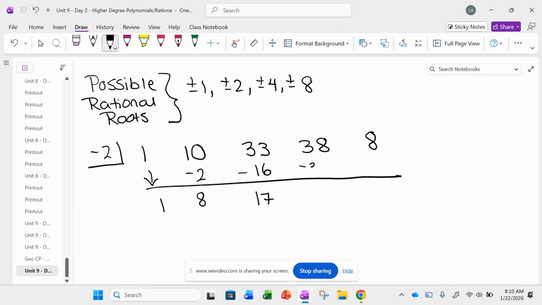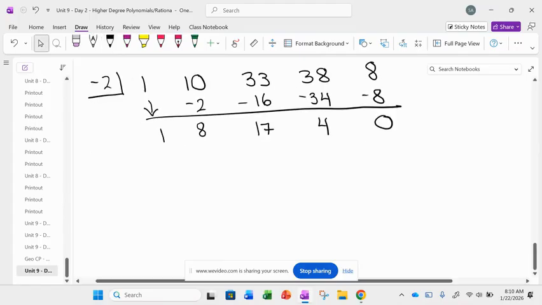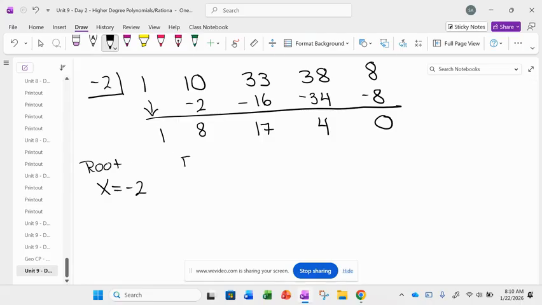This gives us negative 34. 4, negative 8, 0. Was negative 2 successful? Yeah. So what does this mean? This means x equals negative 2 is a root. And what's the factor that goes with that root? X plus 2. You got it.